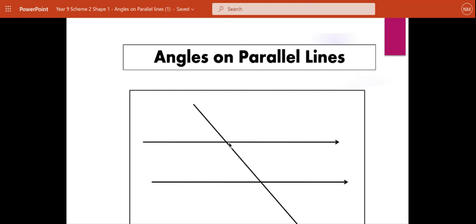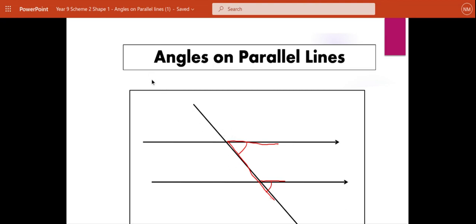Okay, so the first rule that we're going to look at today is called corresponding angles. Corresponding angles are usually in this F shape here. Look, that F shape that I've drawn there, the angles that are corresponding to each other are those two. Those two angles correspond to each other, which means that they're equal.